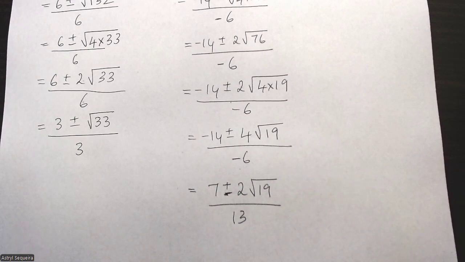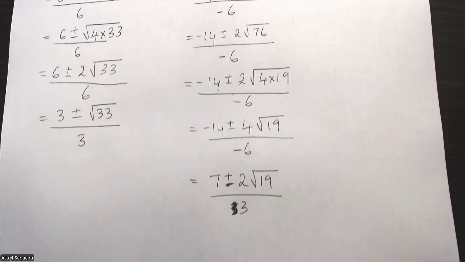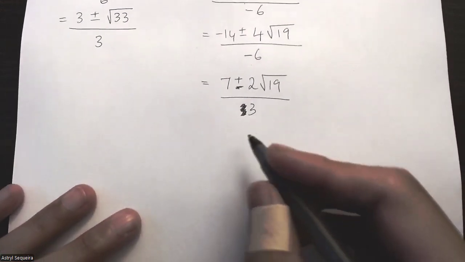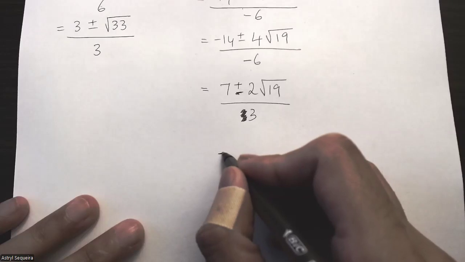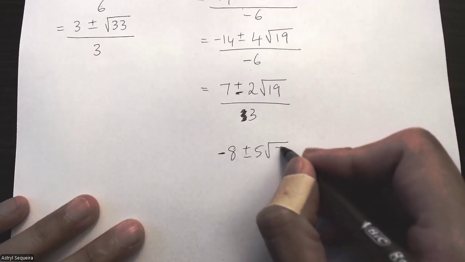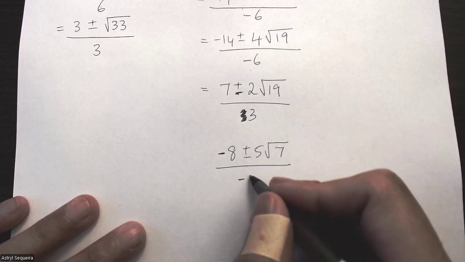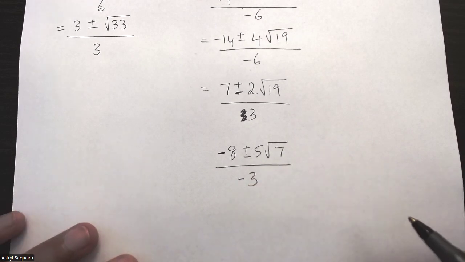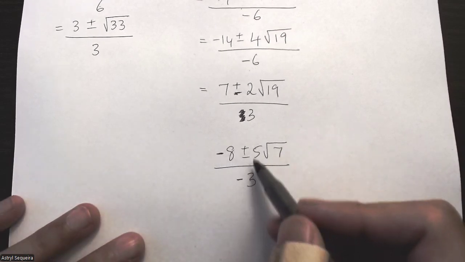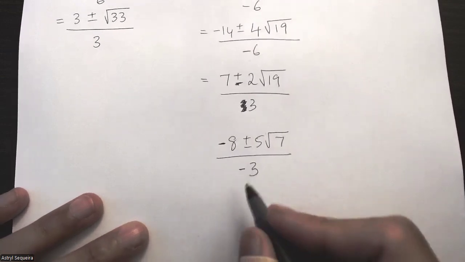7 plus or minus 2 root 19 divided by, oops, I don't know why I wrote 13. That's a 3. But what I was saying was that let's say you have -8 plus or minus 5 root 7 over -3. You can't really divide all of these by the same number, but you can still divide them all by -1 and get rid of these two negative signs.